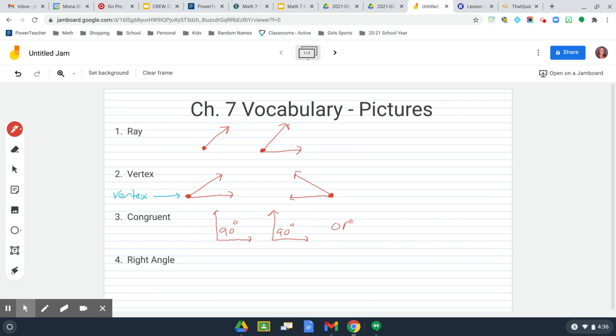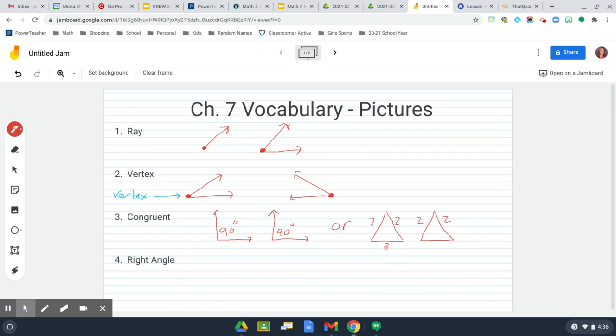Or it also says two sides have the same measure or are equal. I could draw actually some triangles here. Remember, do the best you can freehand, because that's what I'm doing with this pen I'm using. And let's say these sides here are 2.